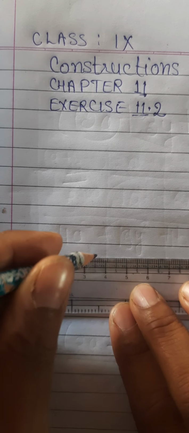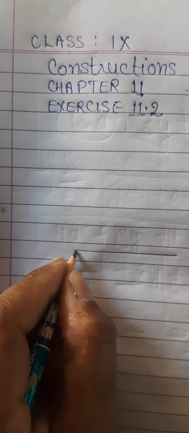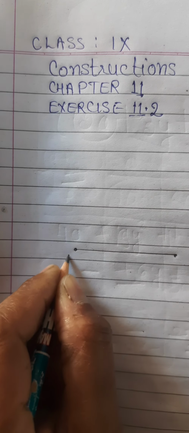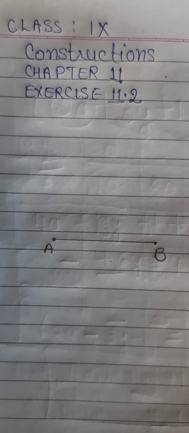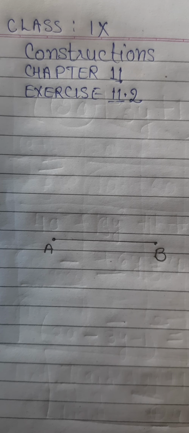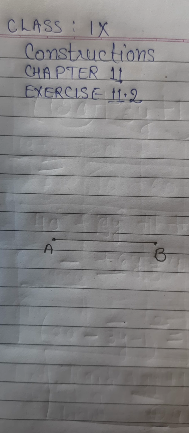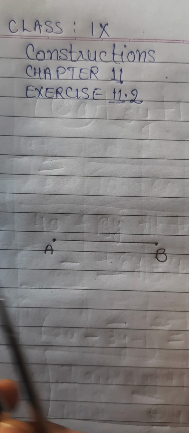Suppose here this is a line segment and we need to bisect it, or we need to draw its perpendicular bisector. So we will mark the two ends of this line segment. Then we will open our compass such that its width is more than half of the length of this line segment, approximately.